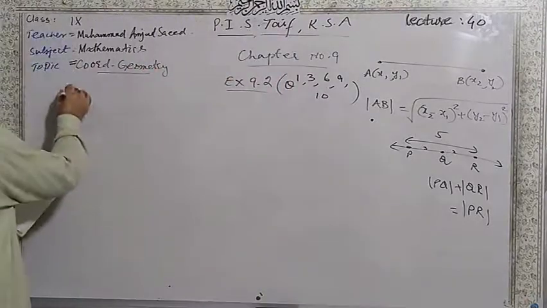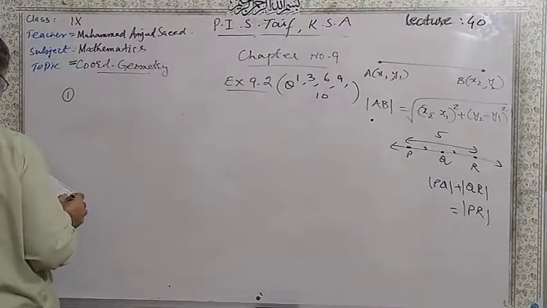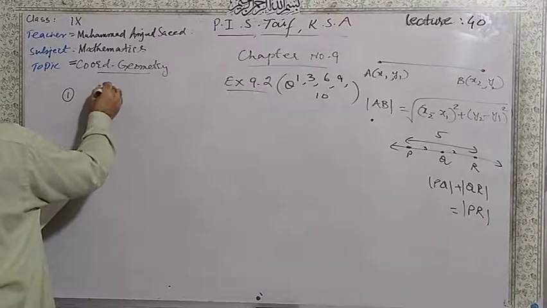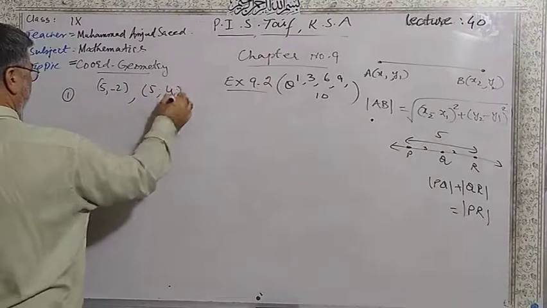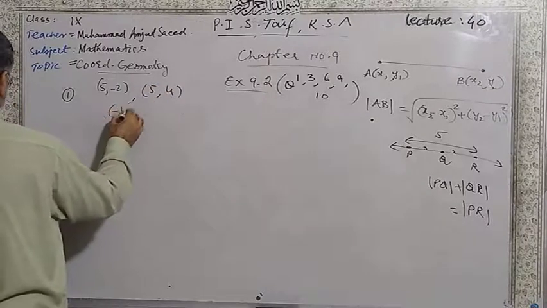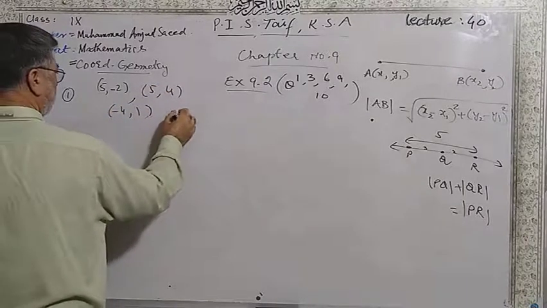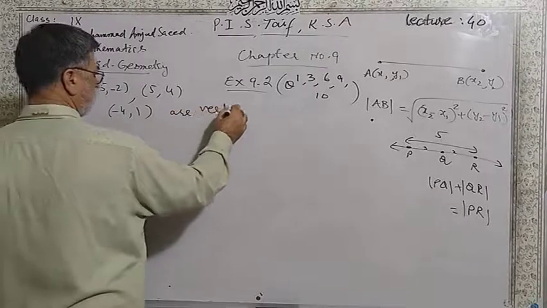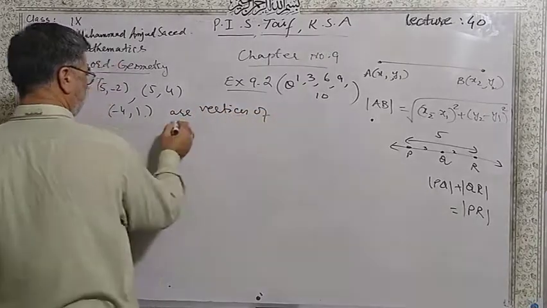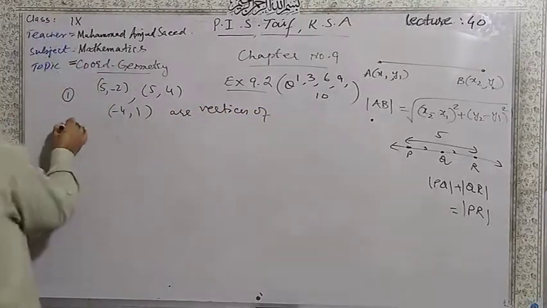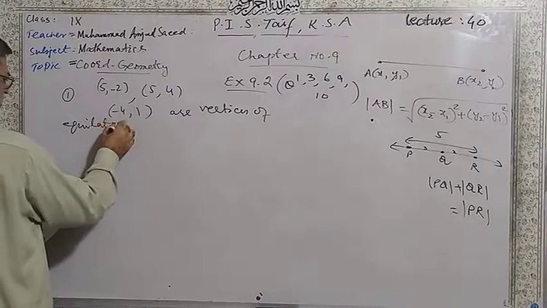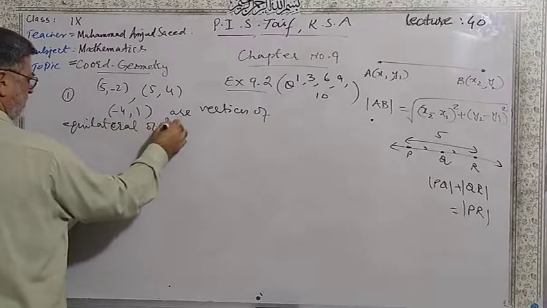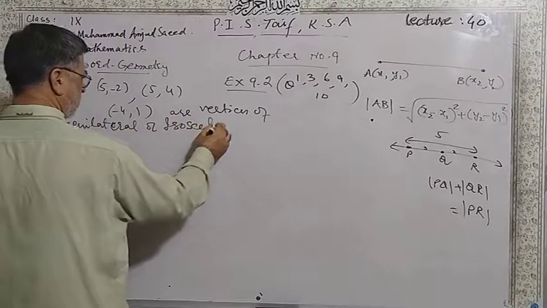Question number 1: show whether the points (5, -2), (5, 4) and (-4, 1) are vertices of an equilateral or isosceles triangle.